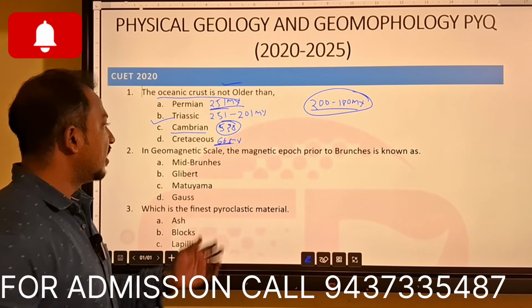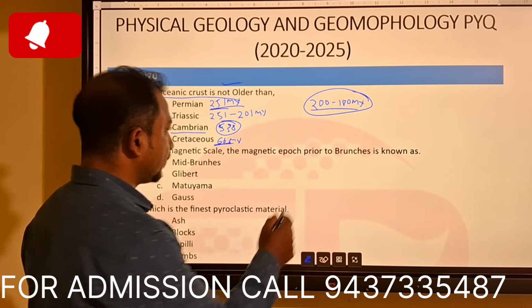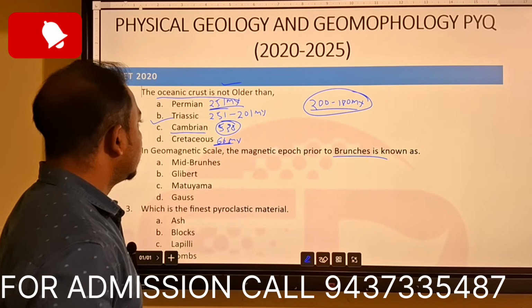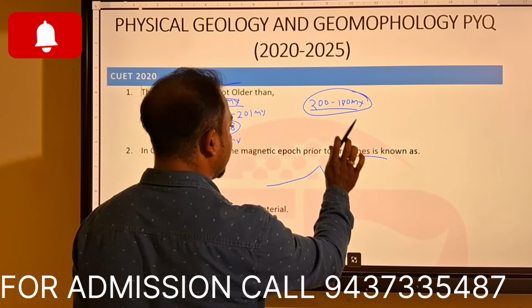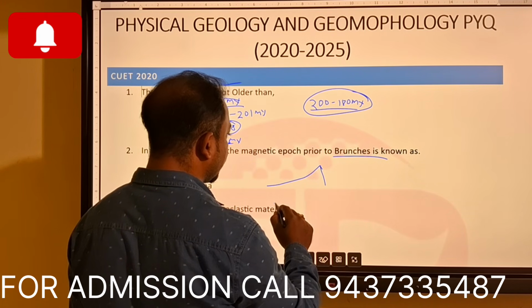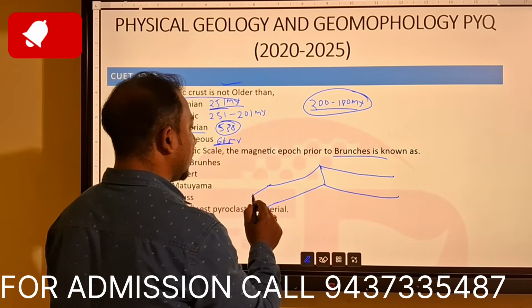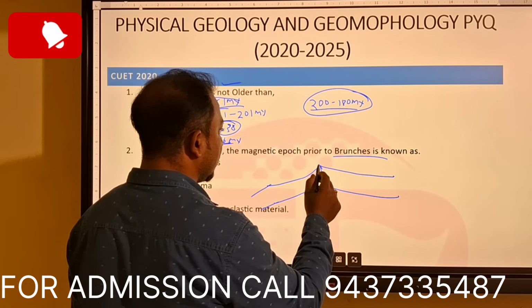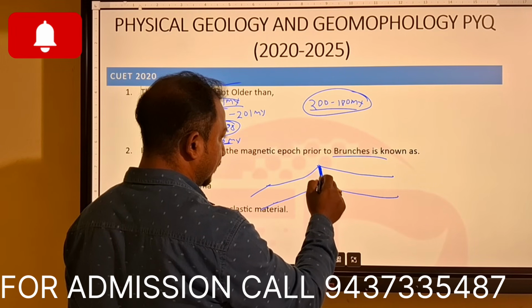So next question: in the geomagnetic scale, the magnetic epoch prior to the Brunhes. These magnetic epochs represent a dominant normal or reverse polarity during different times.